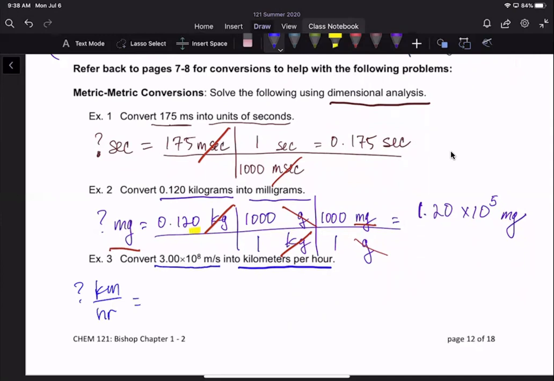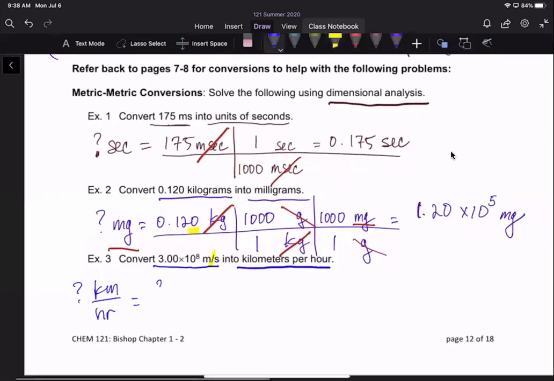And again, let's write that slanty line with a clear numerator and a clear denominator. So that is 3.00 times 10 to the 8th meters on top, and that is per 1 second on the bottom. So again, I've just written the question in terms of math.